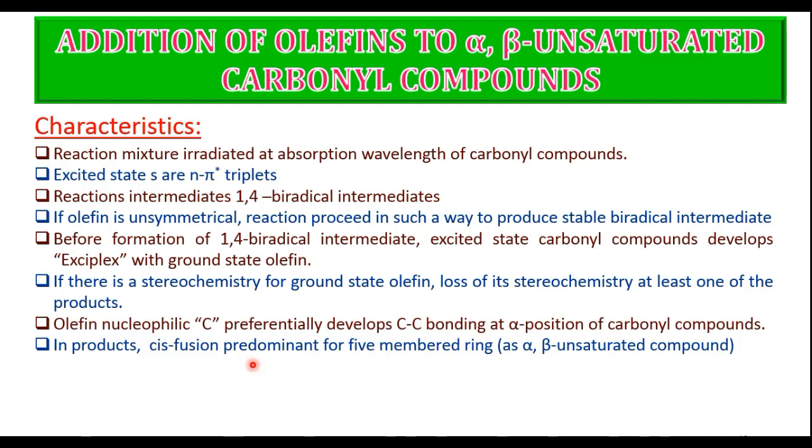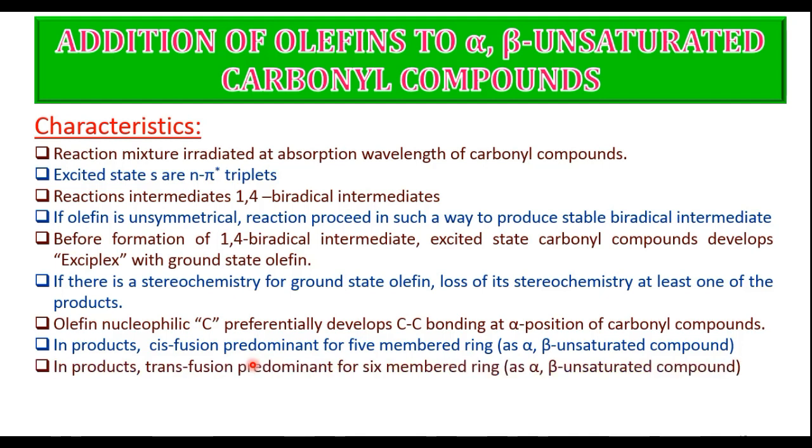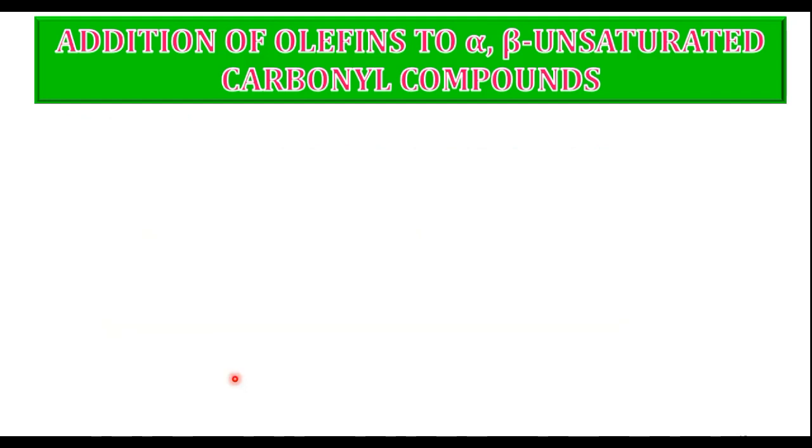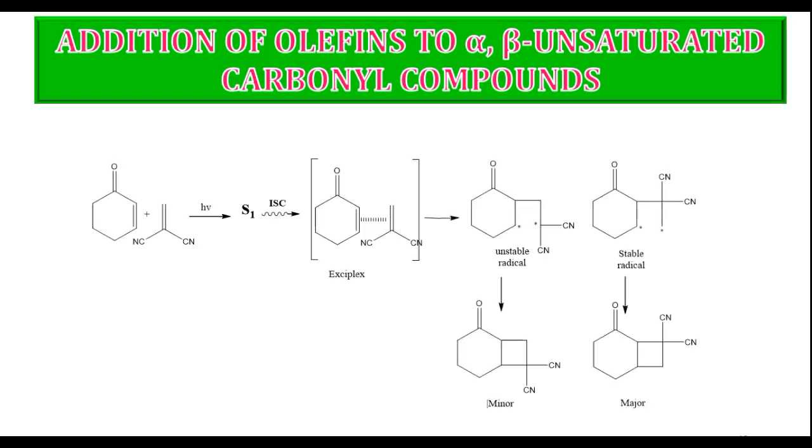If that alpha beta unsaturated carbonyl compound is a 6-membered ring, then trans fusion is major. Let's see an example.